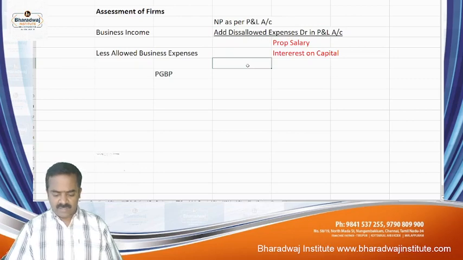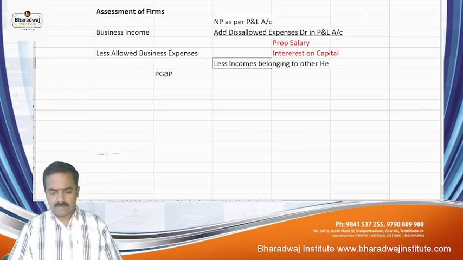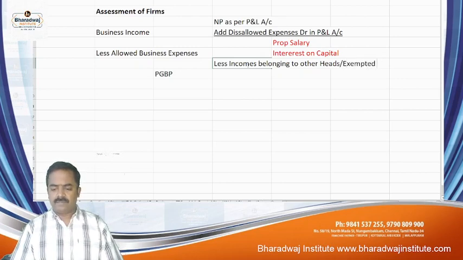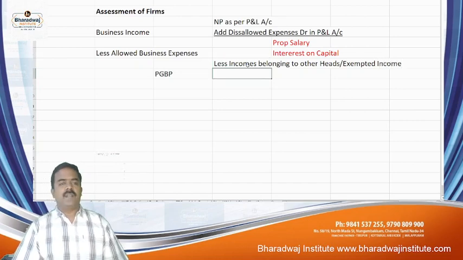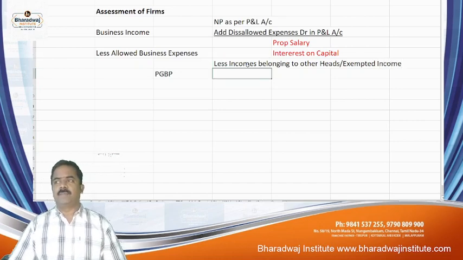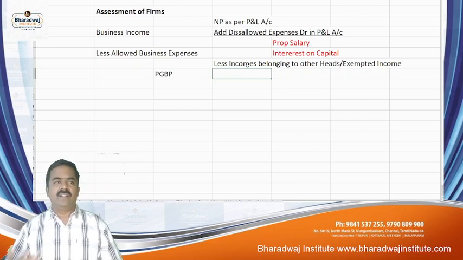P&L account. Then we will eliminate incomes belonging to other heads and exempted incomes. Example, dividend received, interest received. Those things go to which head?